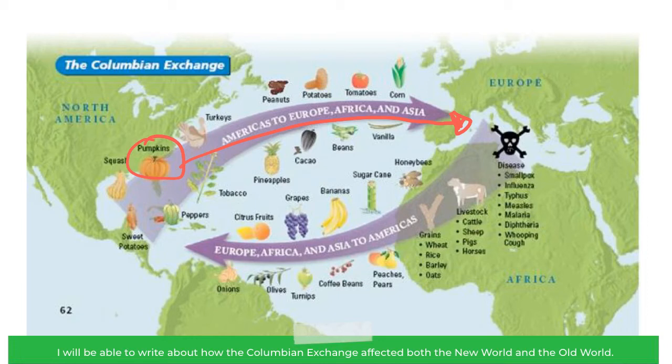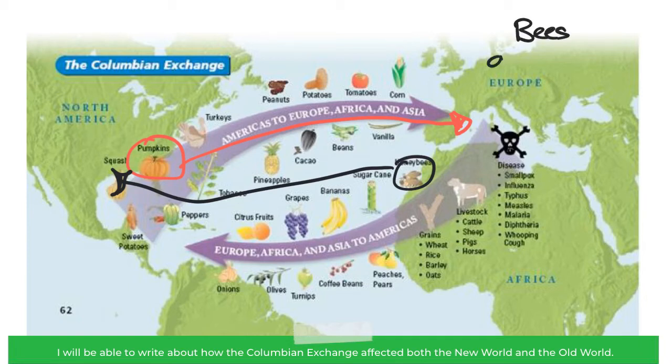Another example from the other direction: honeybees came over to the New World from the Old World. In other words, before Columbus, there were no honeybees in America. That's pretty important because honeybees are scary and can sting you, so now we have to worry about that. Thanks, Columbus, for that. Anyway, this map shows some of the other food items and diseases that were brought over.